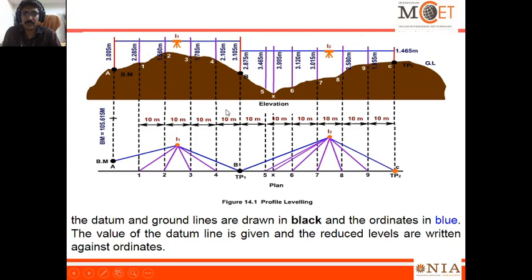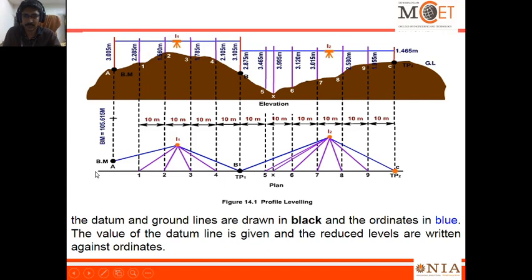Say there is a terrain. We can see from the side of that terrain how it looks, but we want to plot exactly how the terrain is. So from A to B, and it goes on up to the next point, C. We keep the instrument at the side of that terrain.